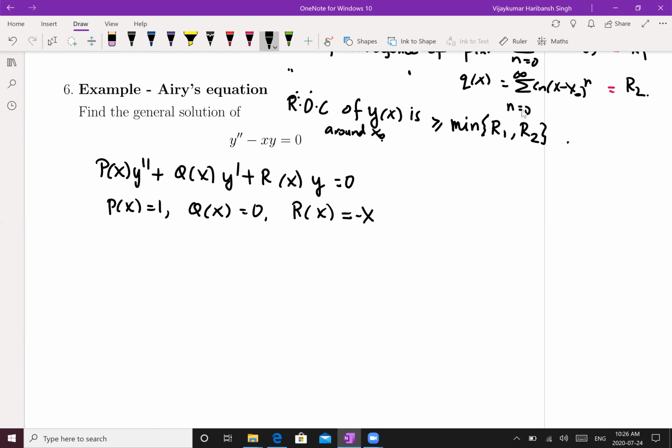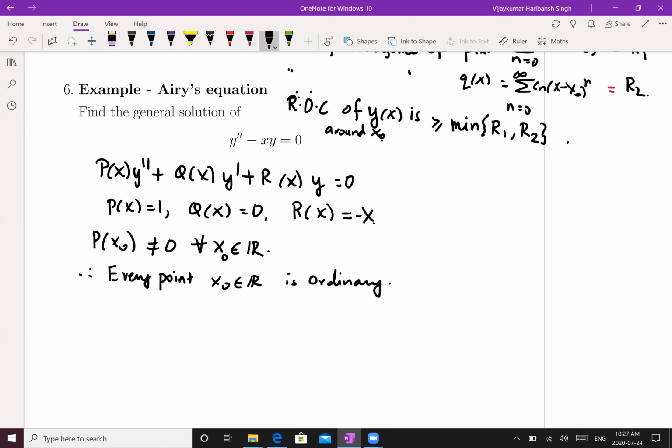Now, where are we finding the solution? We need to find the solution around x naught, but note that P of x naught is not 0 for all x naught belonging to R. Therefore, every point x naught belonging to R is ordinary.